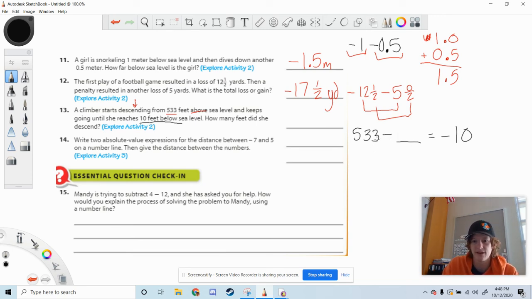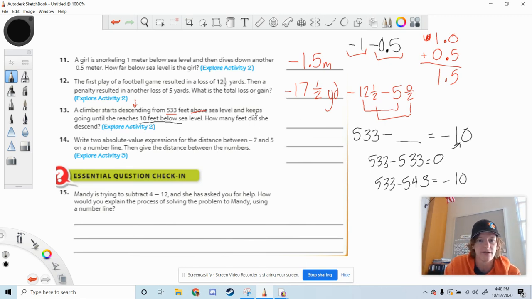I know that if I do 533 minus 533, that puts me at 0. And I need to go 10 more. So 533 minus 543 should make -10. So how many feet did she descend? This is 543 feet.